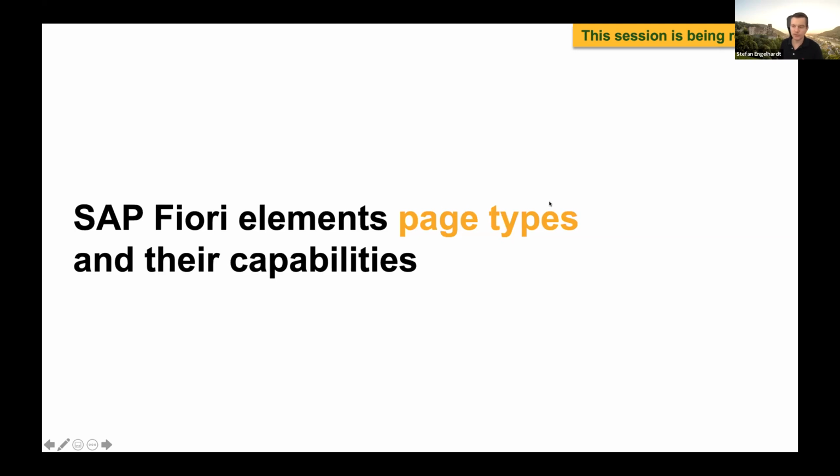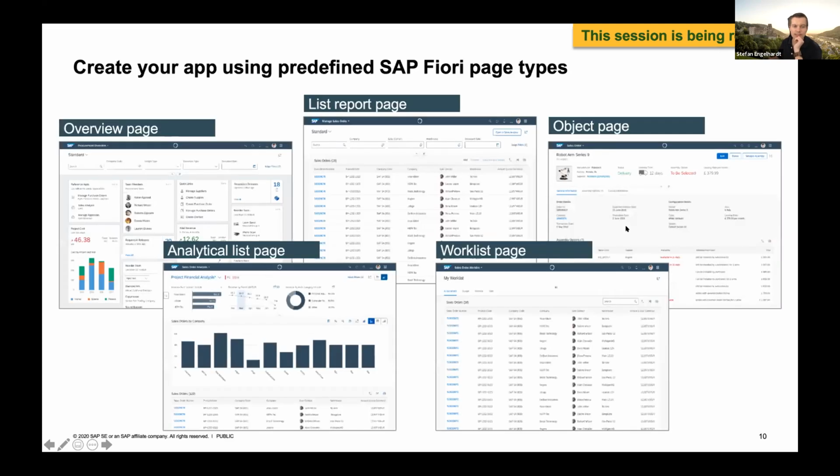This turned out to be the key success factor, so that all the people involved in the app development know roughly what you can do with it. We will start with a more detailed walkthrough of some Fiori elements apps, and you will also learn how to find out whether a certain feature is supported.